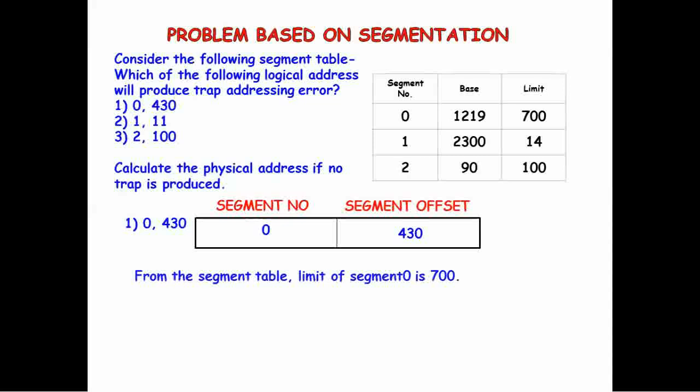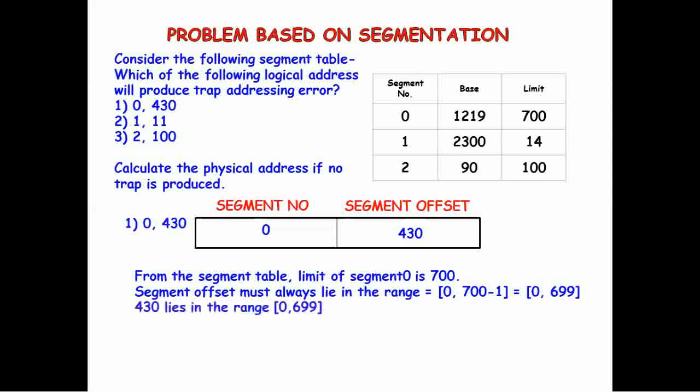The segment offset must always lie in the range 0 to limit minus 1. So already we know that the limit is 700. So 700 minus 1 will be 699.